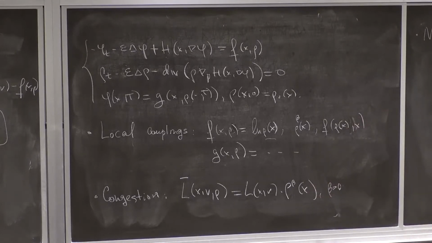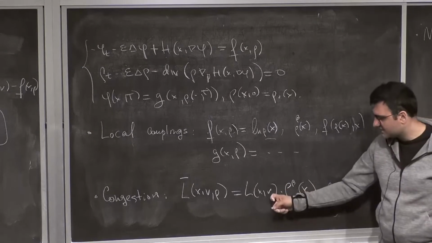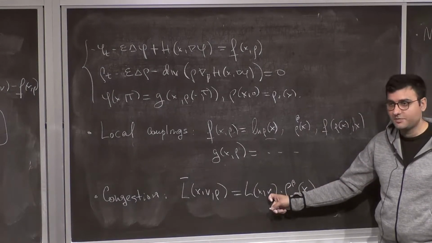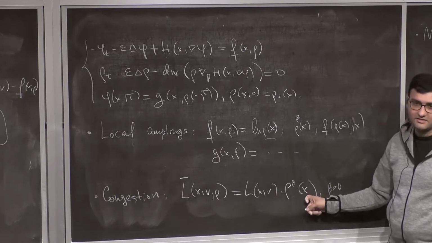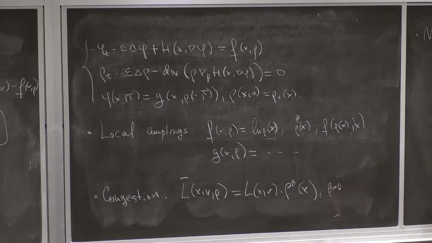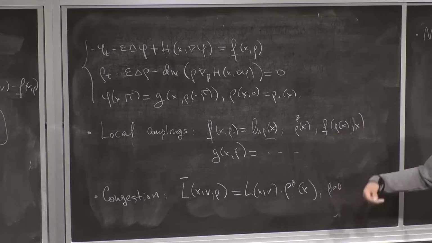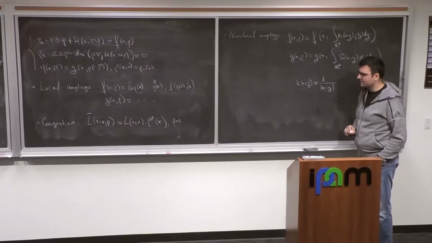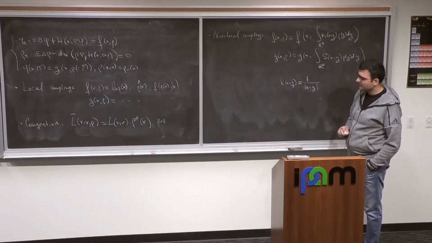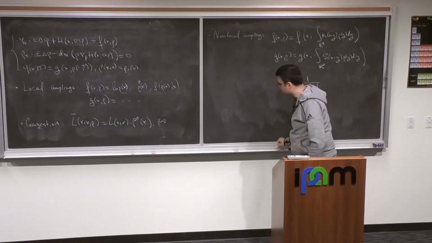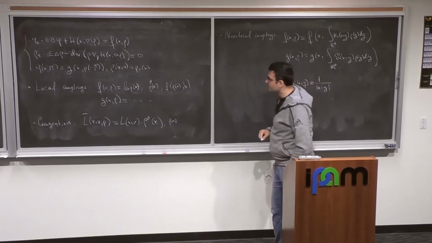So why is it called congestion? Because given the same control v, so if you're moving with exactly the same speed, you pay more cost if you are in a denser area. So that's why it's called a congestion cost. But for this one, the Hamiltonian will have H bar as a more complicated form, and I will not study that one here. So these are the main classes of problems.